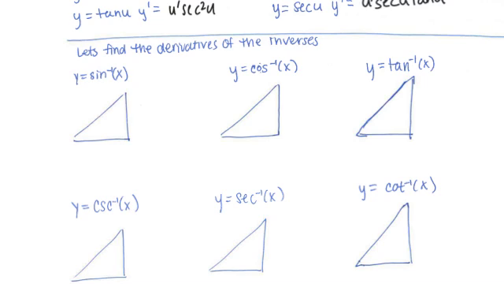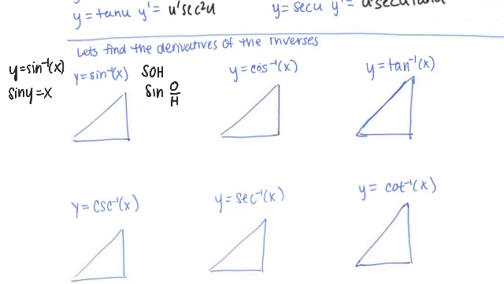Our first step is to undo the inverse. So that would just be sine of y equals x. All I did was undo the inverse by taking the sine of both sides. Remember, sine is opposite over hypotenuse.